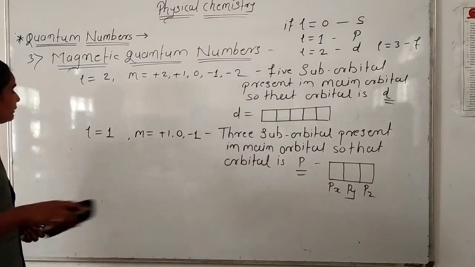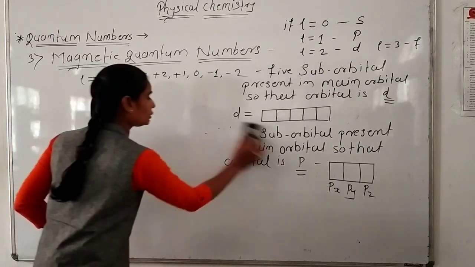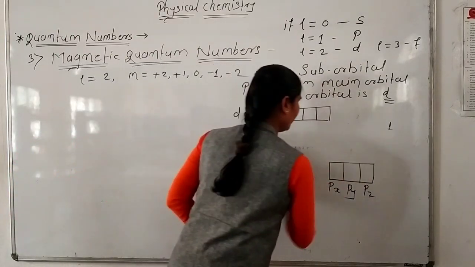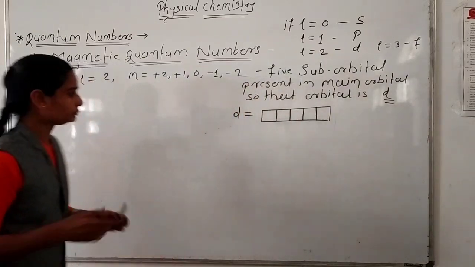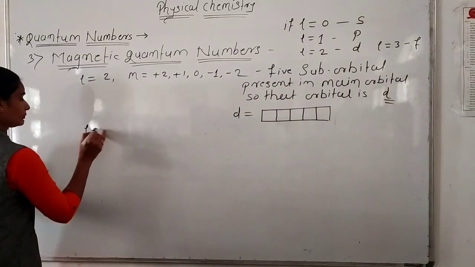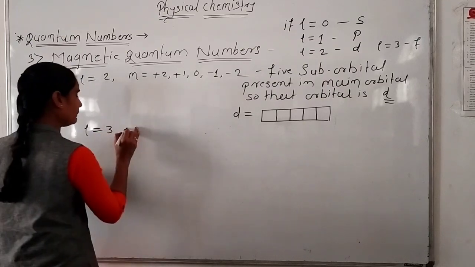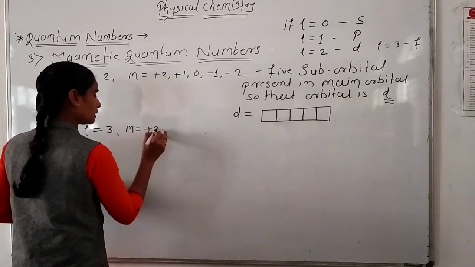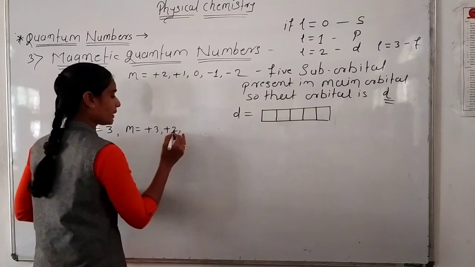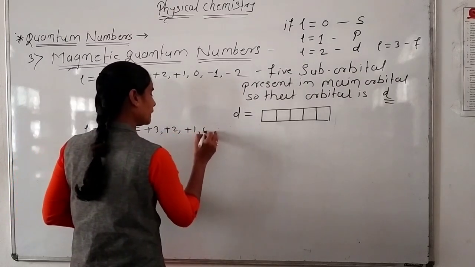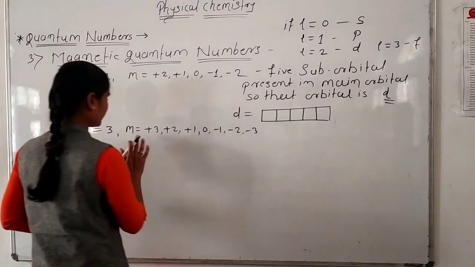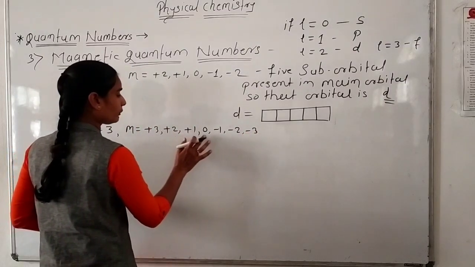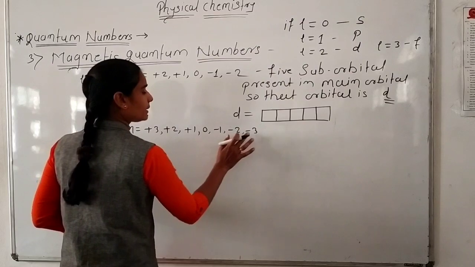And the last one, when L is equal to 3, then m is equal to +3, +2, +1, 0, -1, -2, -3. 1, 2, 3, 4, 5, 6, 7.